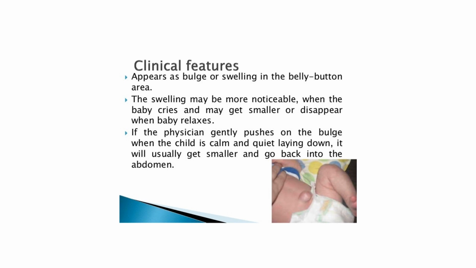It gets smaller and disappears when the baby stops crying and is relaxed. If the physician attempts to push the bulge when the child is calm and lying down, it will go easily inside the abdomen.